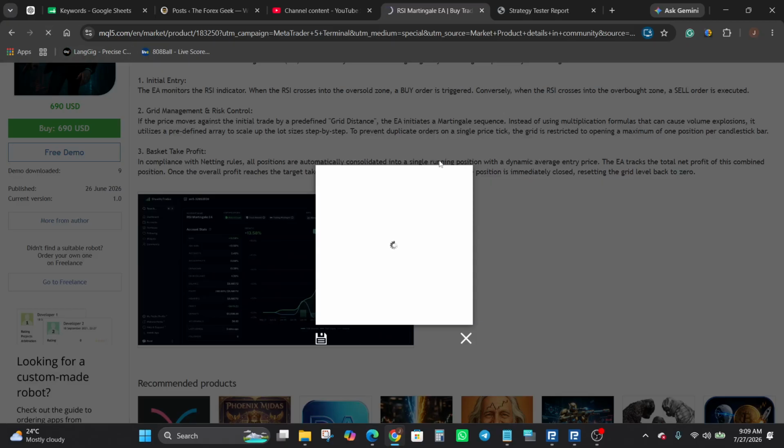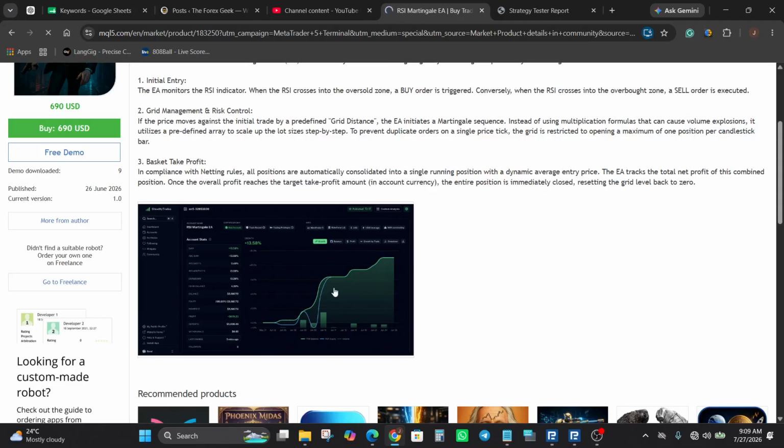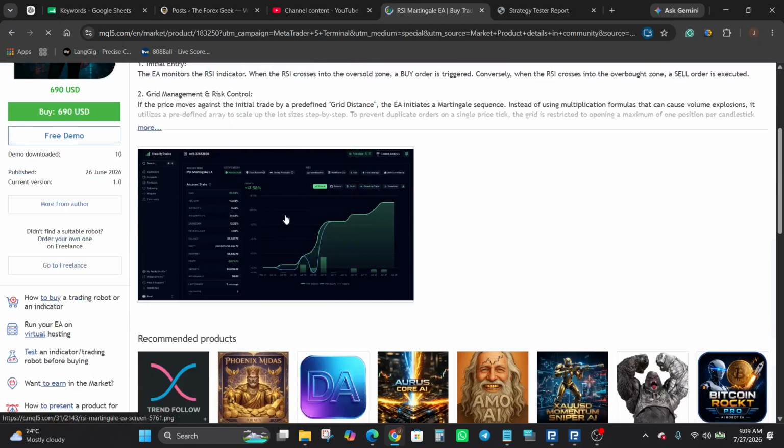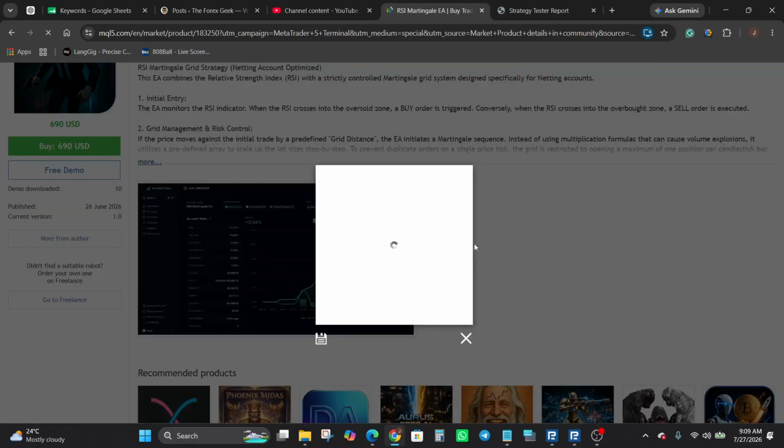The image seems to be refusing to come up. Let's just head over to our back test. There seems to be an issue with the network. I'm sorry about that.